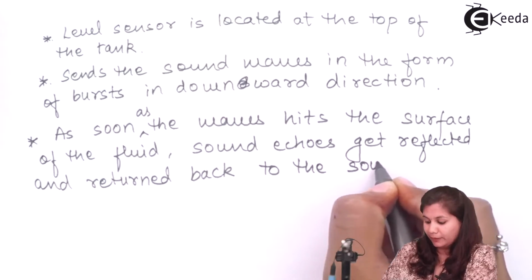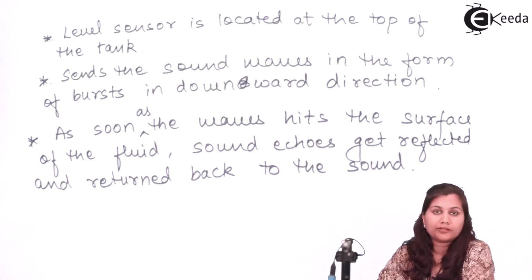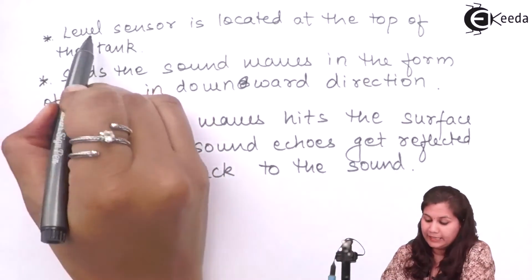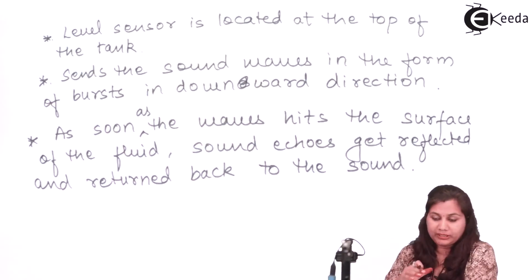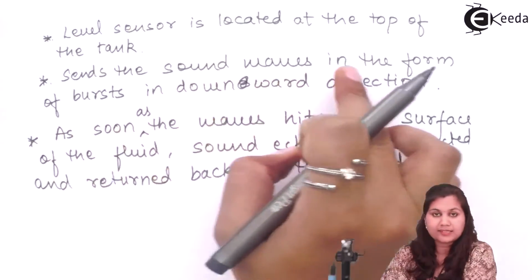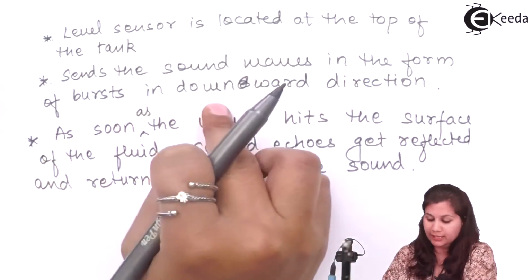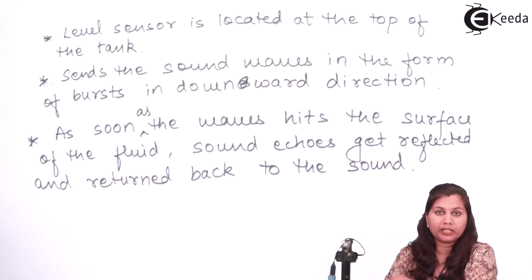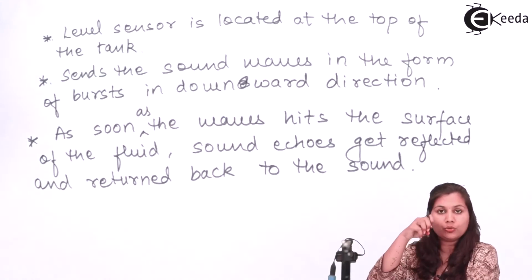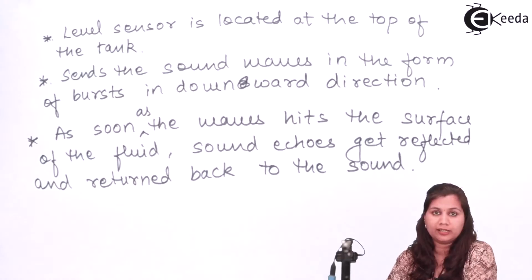Here we have described the working of the ultrasonic level sensors. The level sensor is located at the top of the tank. This sensor sends the sound waves in the form of bursts in a downward direction towards the fluid which is filled in the tank.